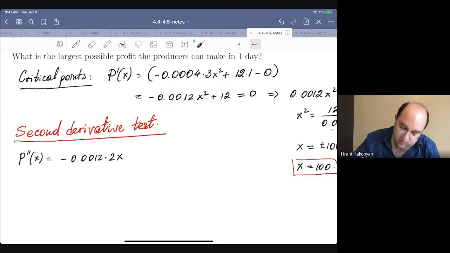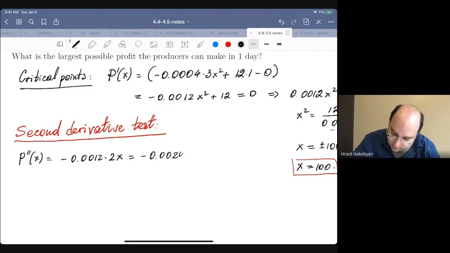So the whole thing is negative 0.0024x, okay? And if I plug in x equals 100, it's going to be a negative number.